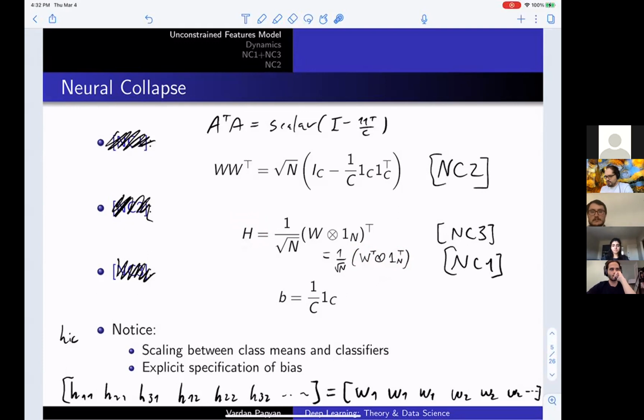No questions. The third equation tells us that the bias is simply equal to a ones vector over C. So it just specifies explicitly what the bias vector is going to be. Now, notice that here you can see a very explicit scaling between the class means and the classifiers, right?